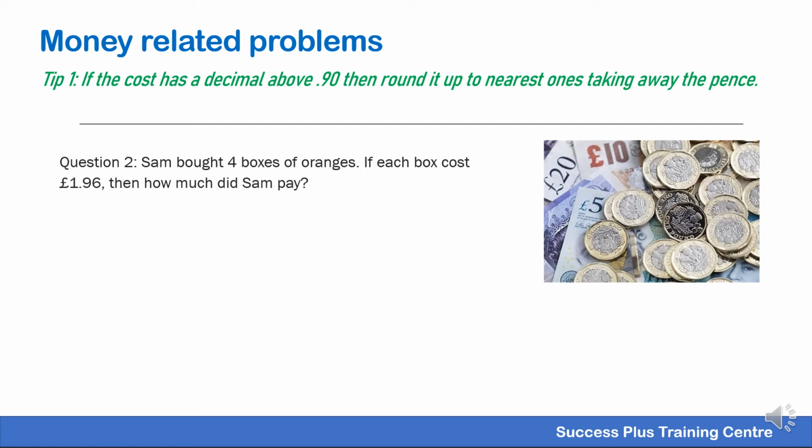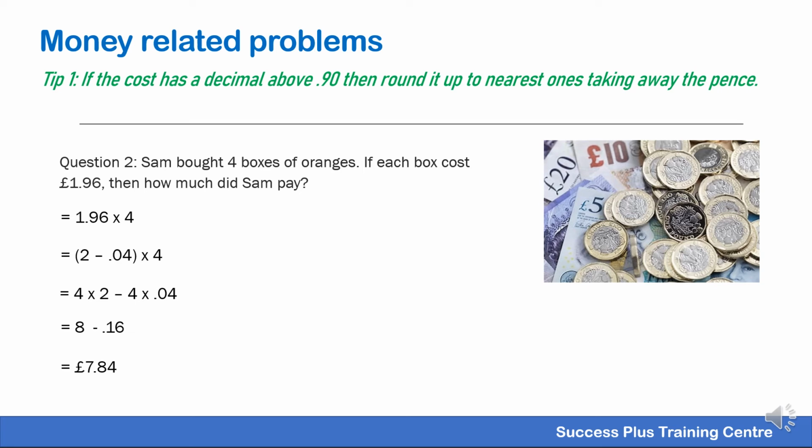Have a look at the next question. Sam bought 4 boxes of oranges. If each box costs £1.96, then how much did Sam pay? Pause the video and have a go. To find the total amount that Sam paid, I need to times 1.96 by 4. Using tip number 1, I would replace 1.96 by 2 take away 0.04.